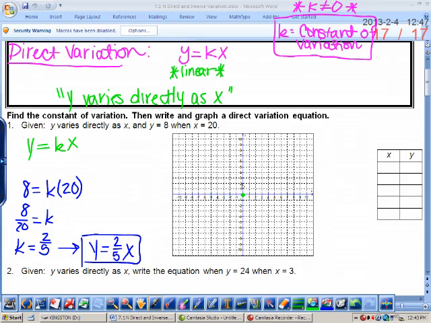Good, 2/5, so we go up 2 over 5. All right, use your graph to kind of fill out your table.